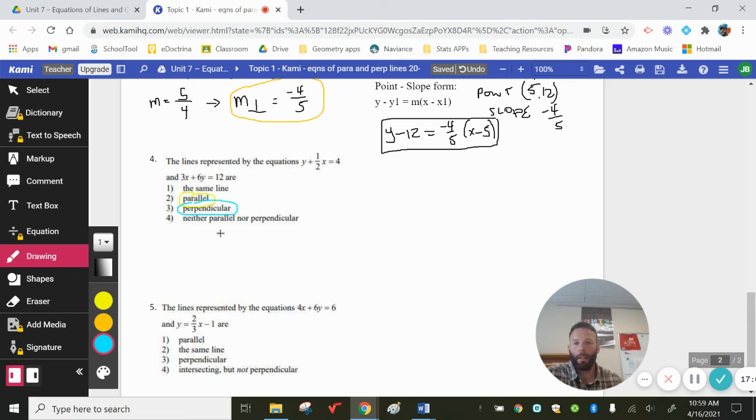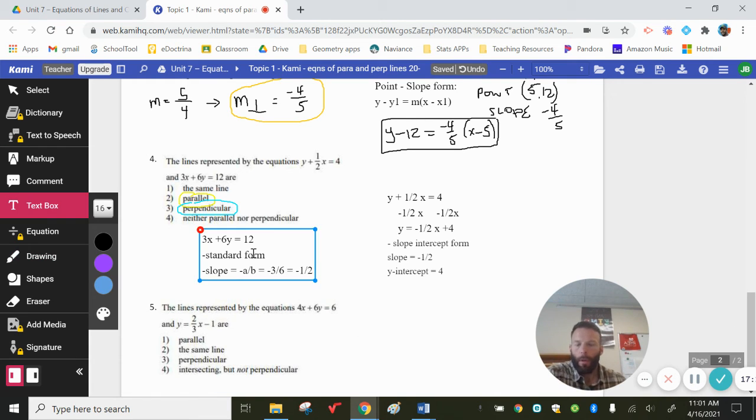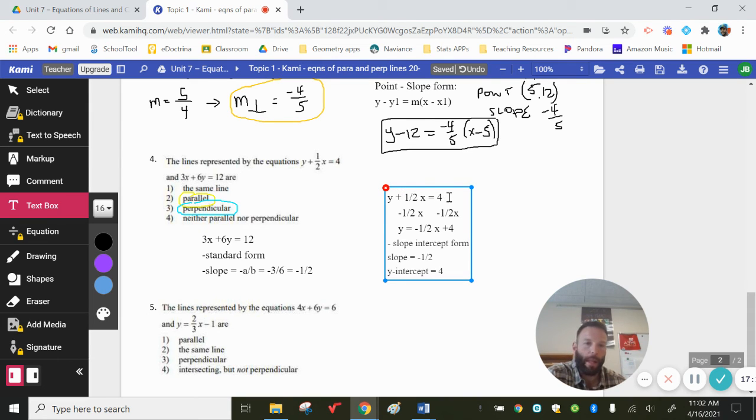So let's go ahead and assess our situation with these two lines. The first equation, y plus 1/2 x equals 4, was not in any one of the forms. So I decided if I subtract 1/2 x on both sides, then I would already have this in slope intercept form, because now it says y equals negative 1/2 x plus 4.